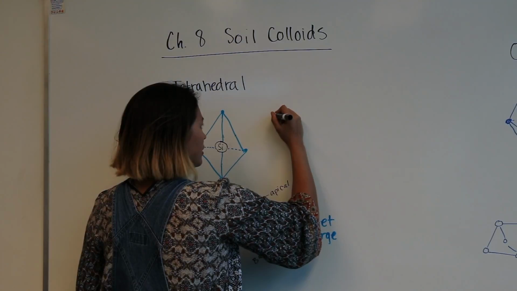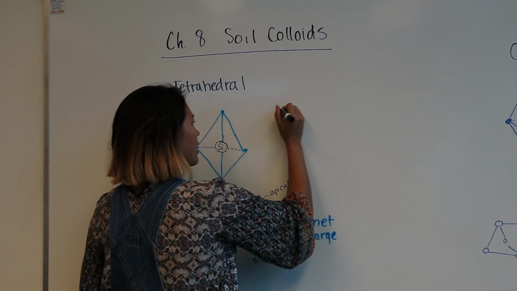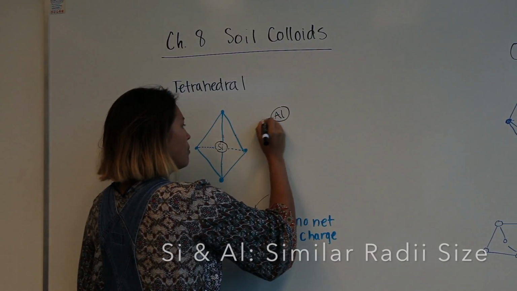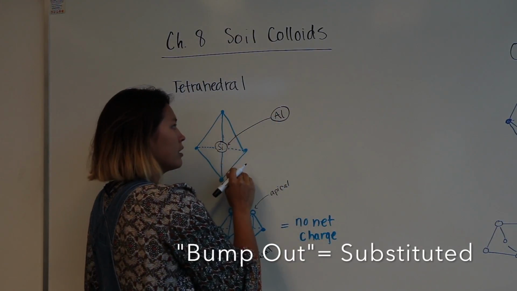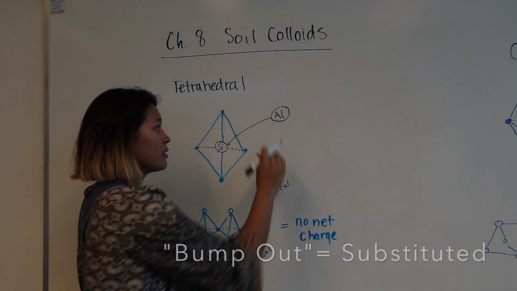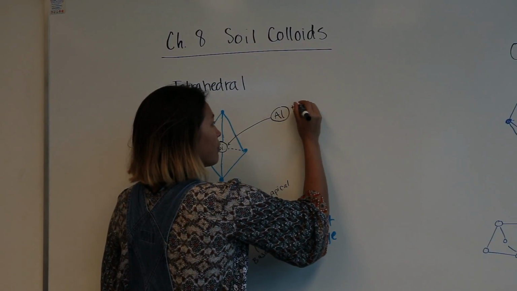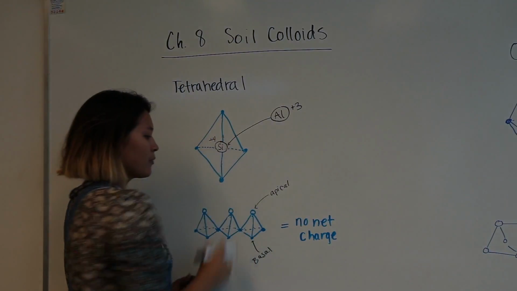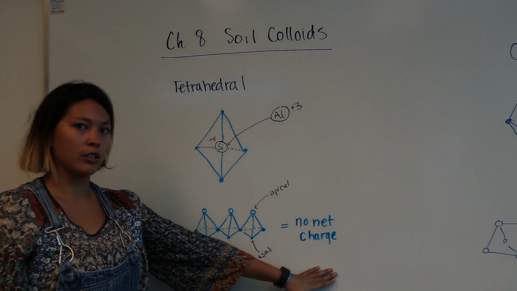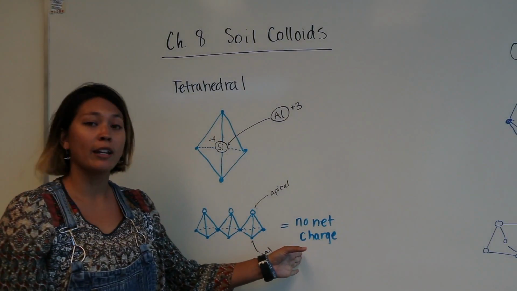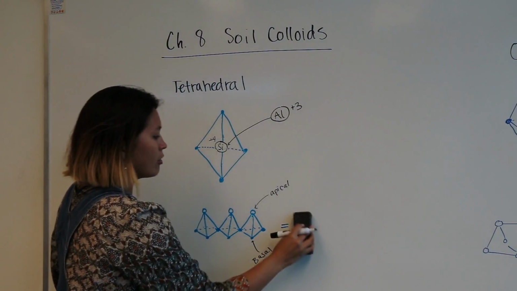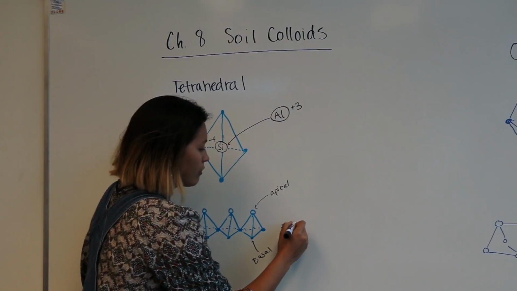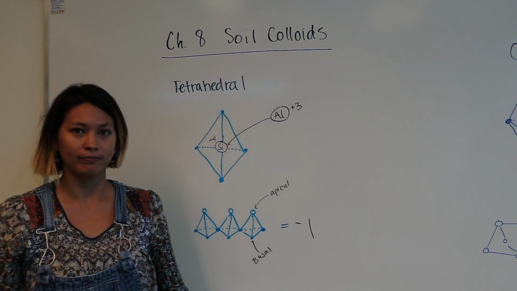So let's, for example, say aluminum, which has the same radius size as silica, and it will bump out the silica. But that changes the charge because aluminum is a +3 when silica originally was a +4. So that changes your tetrahedral sheet, which originally had no net charge, and now you change a +4 to a +3, you now have a -1 charge.